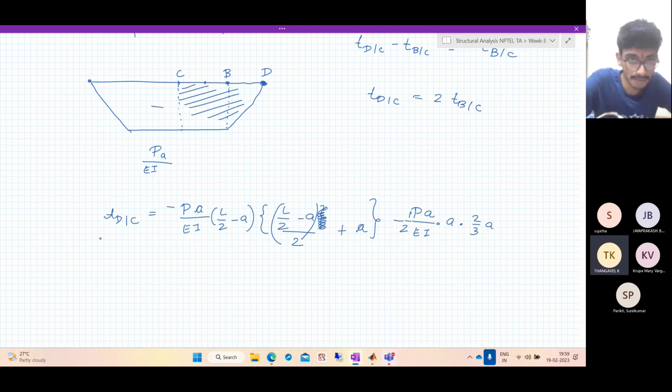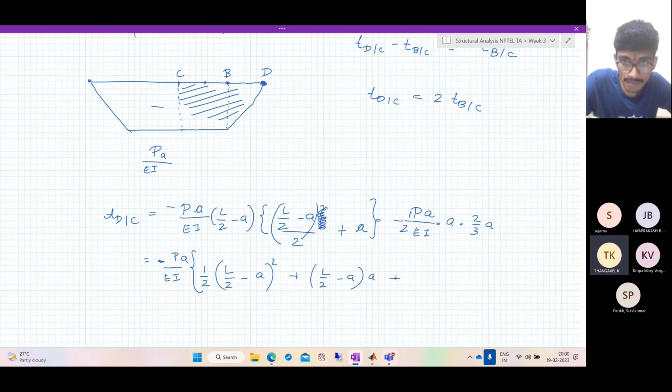Let's find out what this is. Let's take PA by EI commonly out. It will be minus P by EI. If we take it commonly out, in fact, we can also take an A out. We get L by 2 minus A, the whole square, there's a half, plus L by 2 minus A multiplied by A, plus here we have A square by 2 times 2/3, so the 2 and 2 cancel.